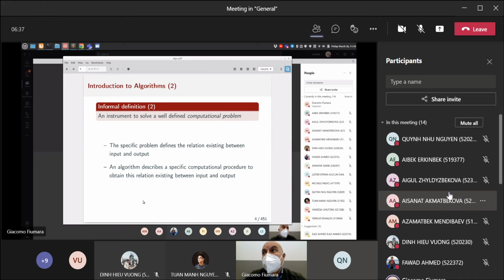We have a finite number of operations, and we have a certain output, meaning that if I submit twice the same set of values as input values, I need to obtain twice the same output.